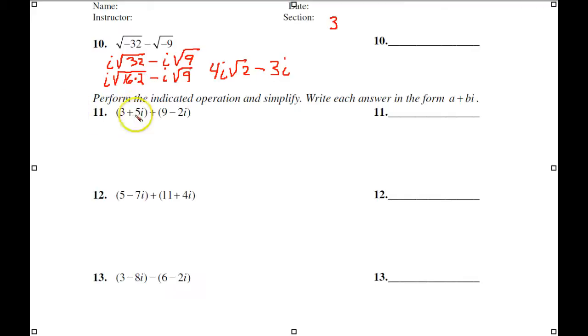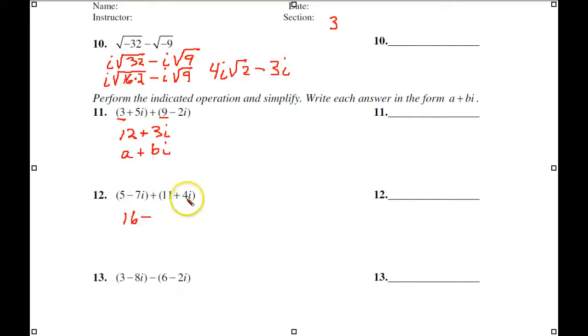Okay, now we're doing some addition and maybe later some subtraction. The nice part about this is that we just collect like terms. This is going to be a 12, collect like terms, plus 3i. Now notice that's in standard form, a plus bi. So 5 and 11 are 16.